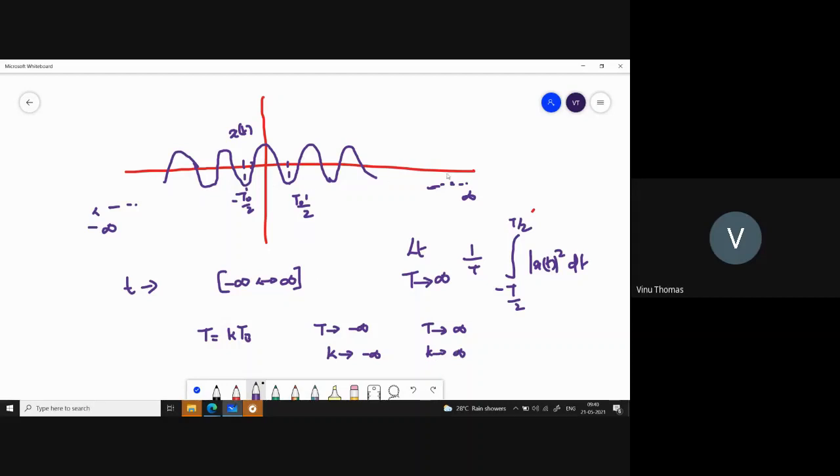Say, for example, you are looking at the infinite cycle on the right and the minus infinite cycle on the left hand side. Since I have taken t to be an integer multiple of the fundamental period, when t tends to plus infinity, k tends to plus infinity. When t tends to minus infinity, k tends to minus infinity. Is that okay?